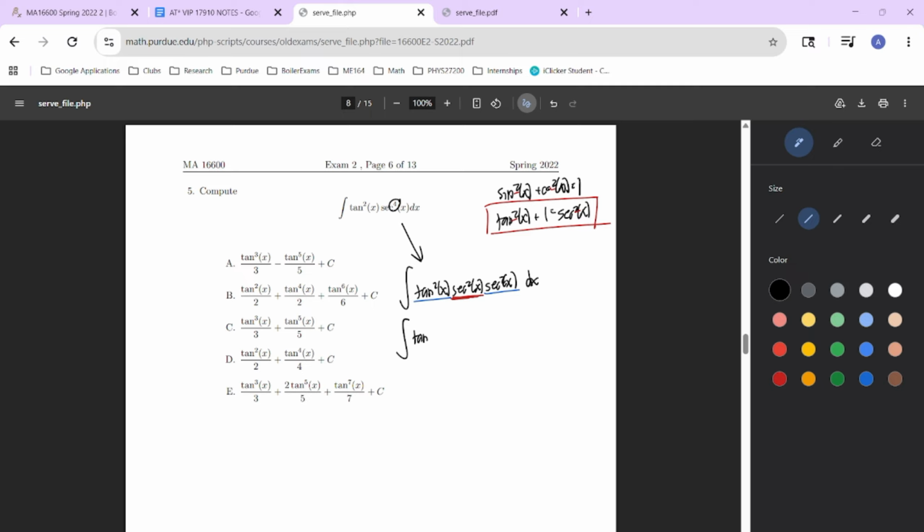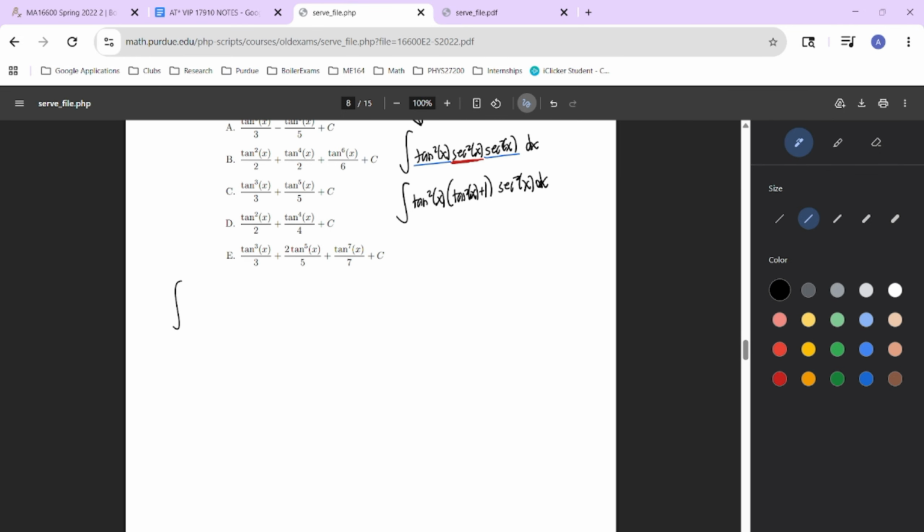tangent squared of x multiplied by tangent squared of x plus 1 multiplied by secant squared of x dx. This becomes the integral of tangent to the fourth x secant squared of x plus tangent squared of x secant squared of x dx.